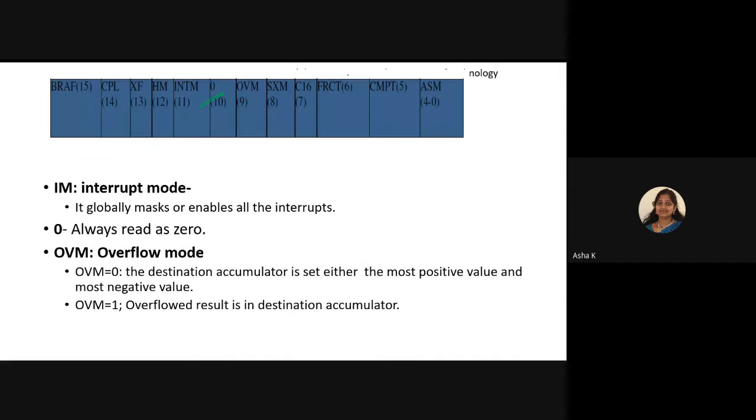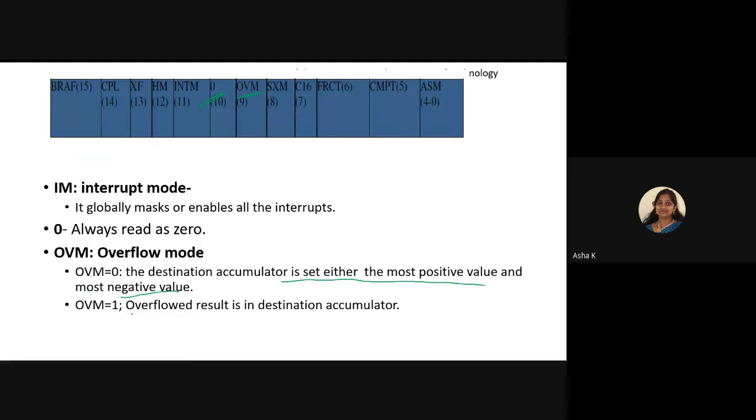And the next, the ninth bit available in the ST1 register, is the overflow mode bit. The destination accumulator is set to either the most positive value or the most negative value.